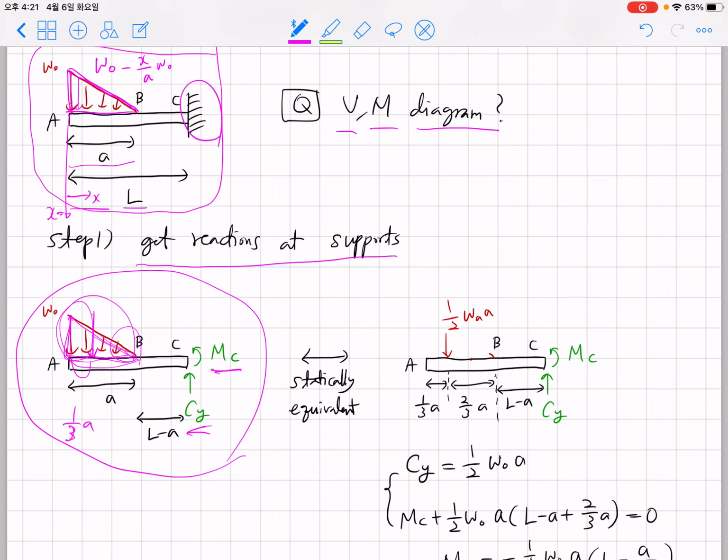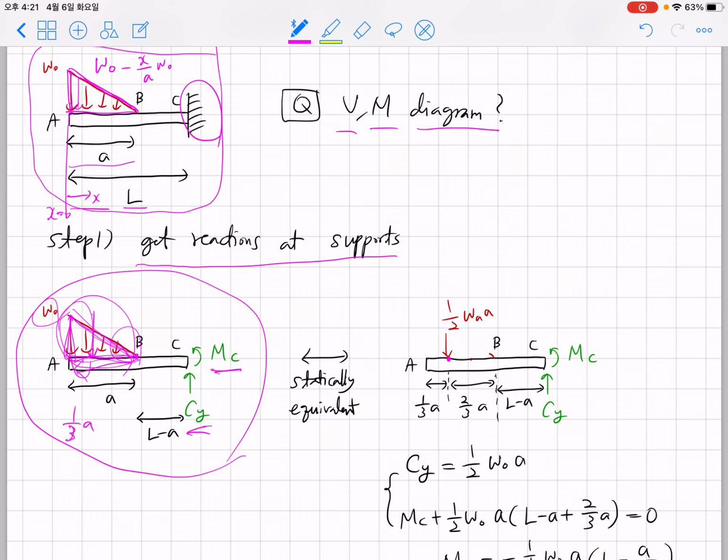So what you can do is locate an equivalent loading there, and the magnitude of this loading must be the same as the average of W0 over the entire length A. So the maximum is W0 and the minimum is 0, and it's linearly decreasing.